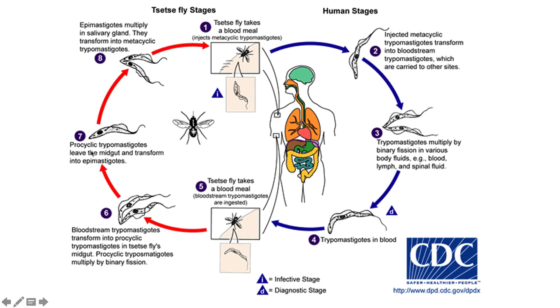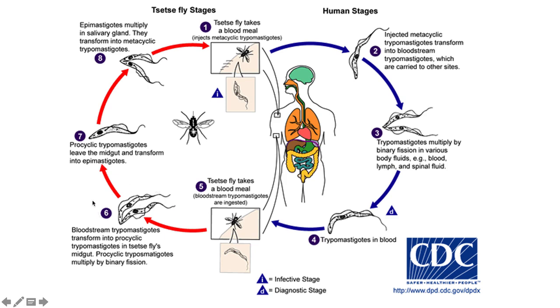Trypomastigotes divide, and then trypomastigotes leave the midgut here in the insects. In the insects, I have a midgut. Okay, so inside the insects there is a midgut, and they transform into the epimastigotes. So first of all, the blood of the human is going to contain what?